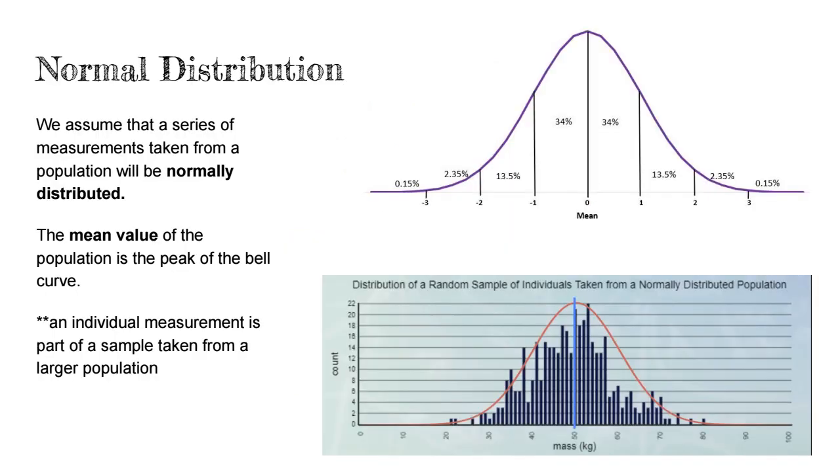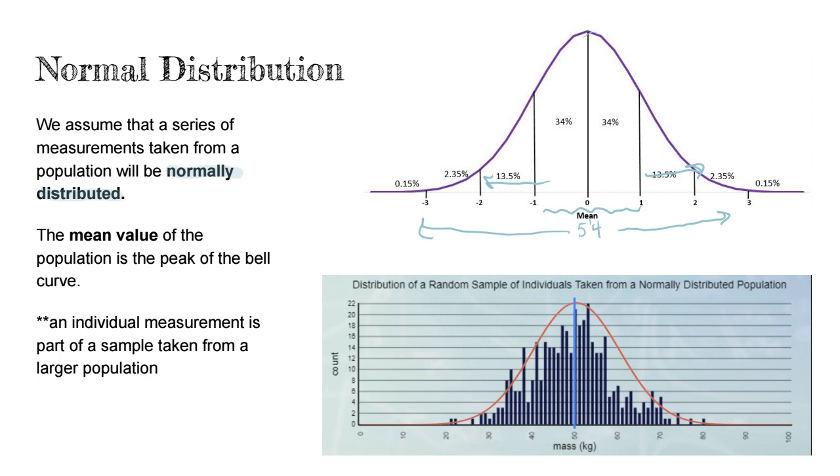Researchers assume that a series of measurements taken from a population will be normally distributed. This means that the majority of the population is going to be around the mean, and then from the mean there are going to be outliers that taper off. For example, if we're talking about height, we know that on average, women are about 5'4". But obviously there are some really tall women and some really short women.